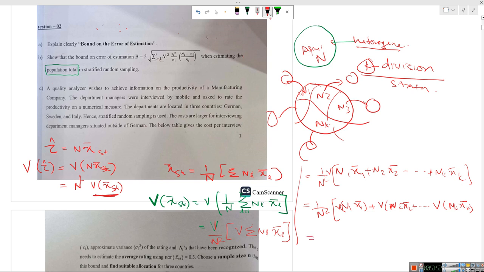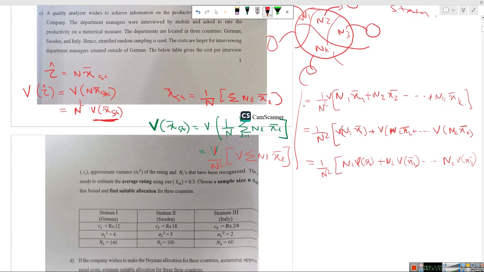Now in this, n1 is constant, so I can write n1 times variance of x1 bar plus n2 variance of x2 bar up to nk variance of xk bar, right?